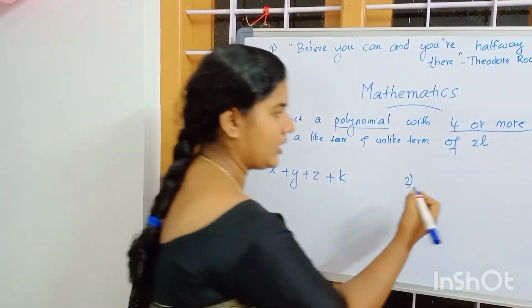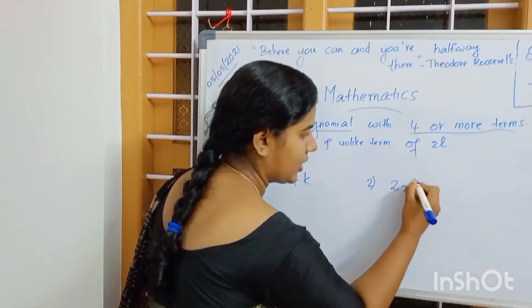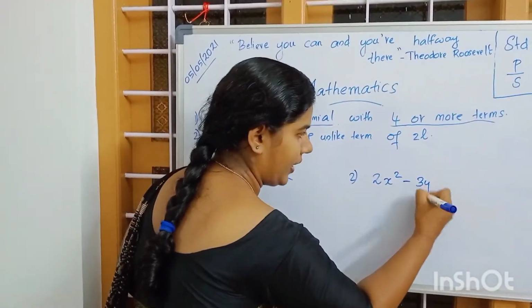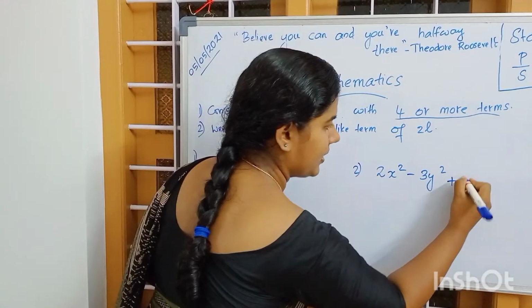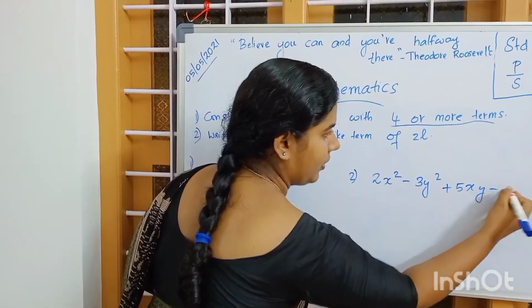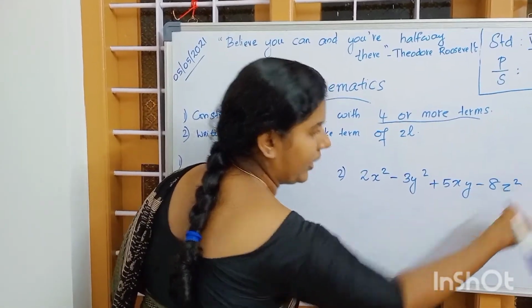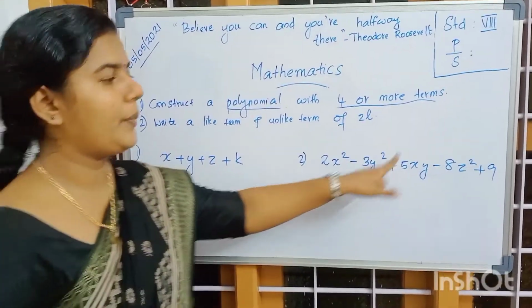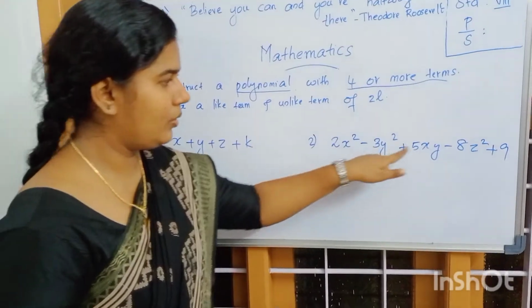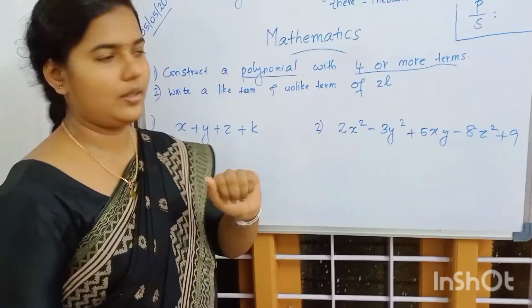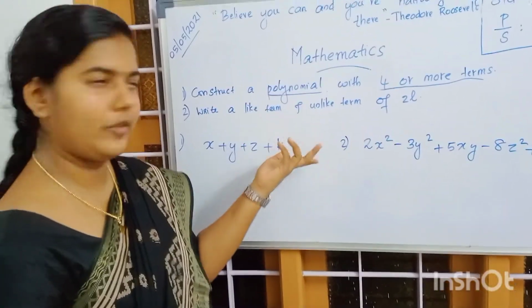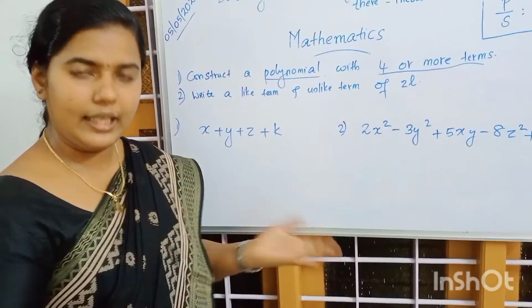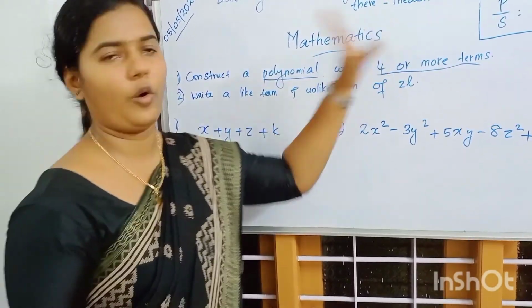Yes, we can write numbers too, right? 2x square minus 3y square plus 5xy minus 8z square plus 9. This is a polynomial with 1, 2, 3, 4, 5 terms. So this is the answer for the first question. You can write any number of polynomials with 4 or more terms.